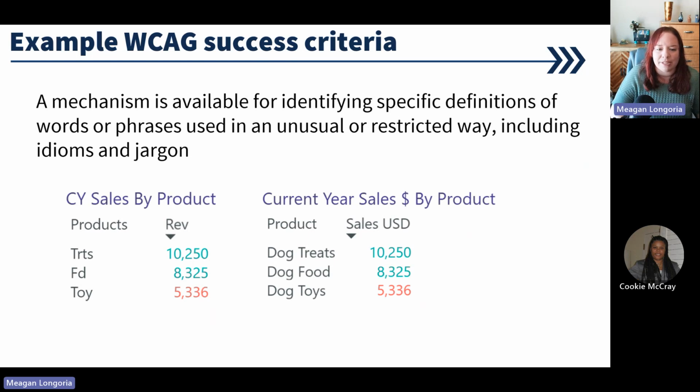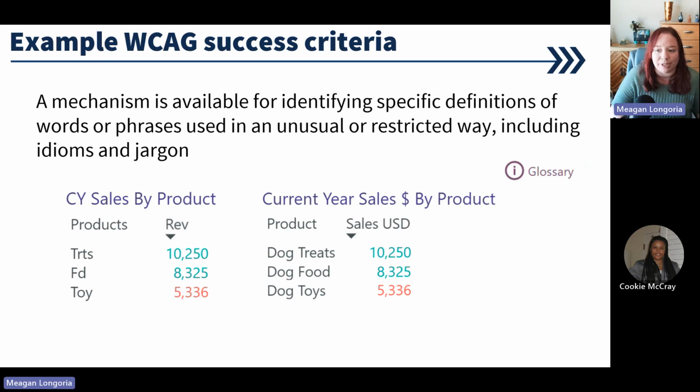So instead of CY sales by product with abbreviated products and the word rev as our column header, what if we just say current year sales in dollars by product and label our column sales in USD? Same information, but likely much clearer on the right compared to the left. So that is how we can eliminate, rather, the issue of jargon.